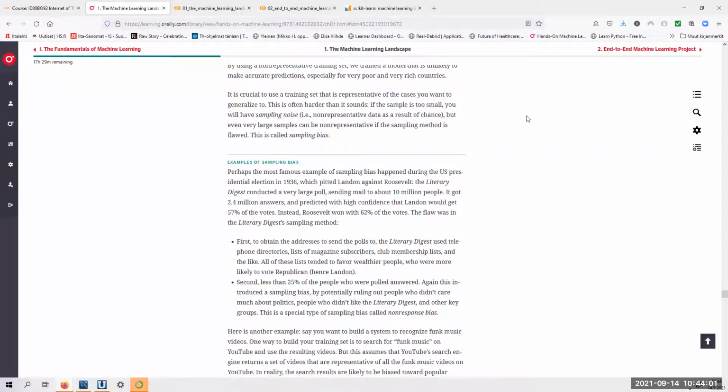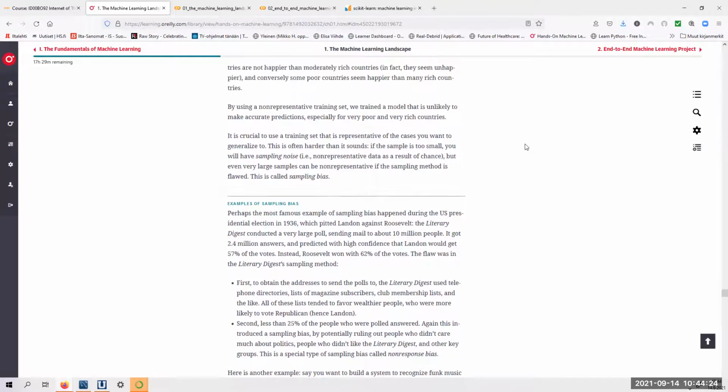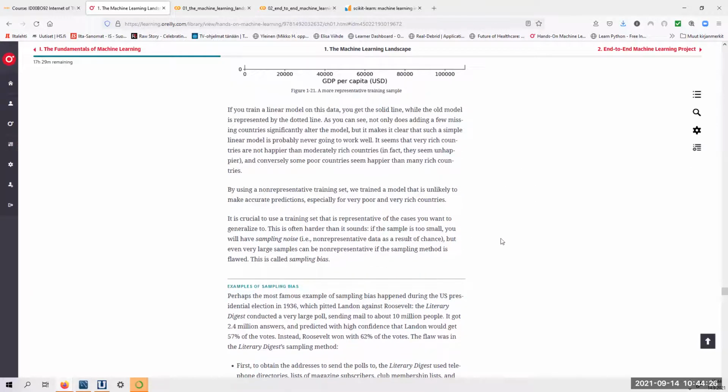So it's crucial to use a training set that is representative of the cases. If the sample is too small, you have sampling noise. So with too few data points, you have very inaccurate results. But even if you have a very large sample, it can be flawed.